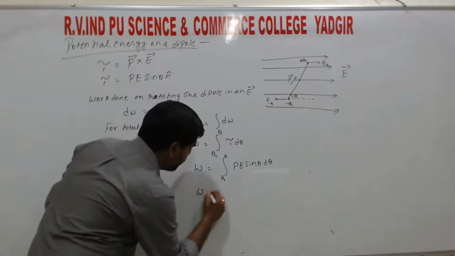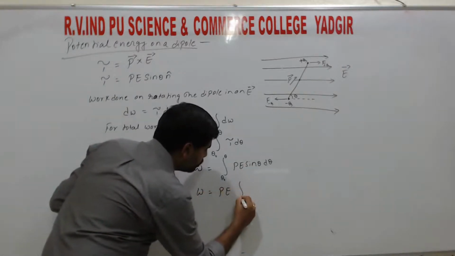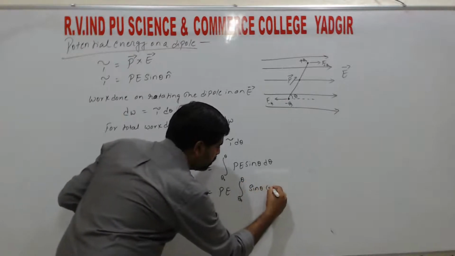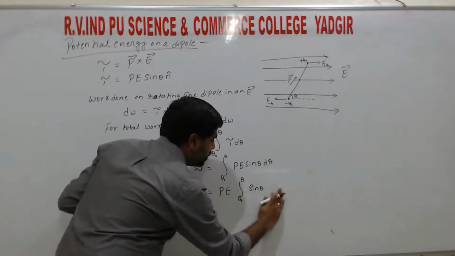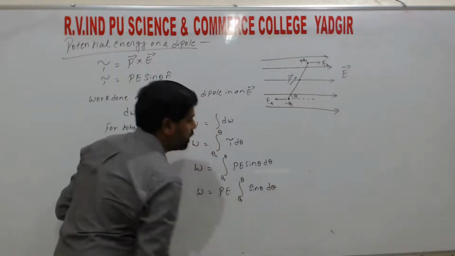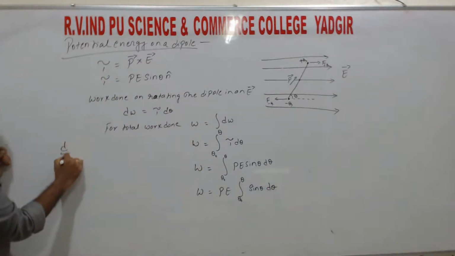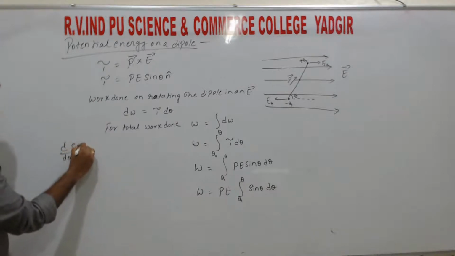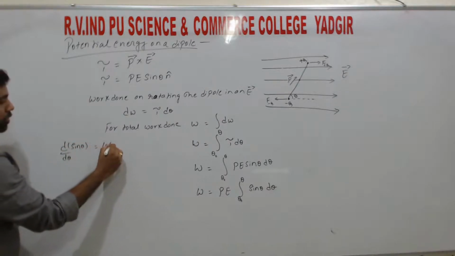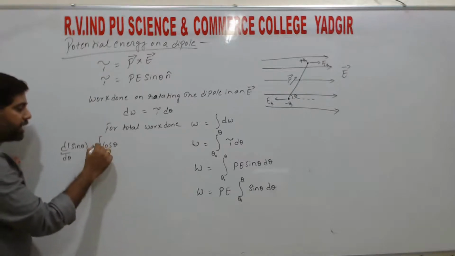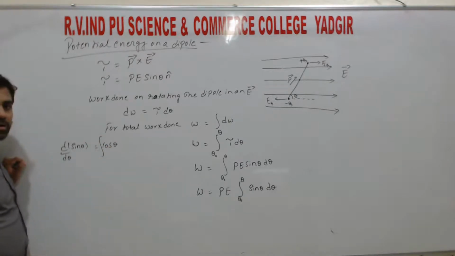Keeping P and E outside, the integral from theta naught to theta of sin theta d theta. If we differentiate sin theta, d by d theta of sin theta, we get cos theta, right? In the same way, if we integrate cos theta, we get sin theta, right?